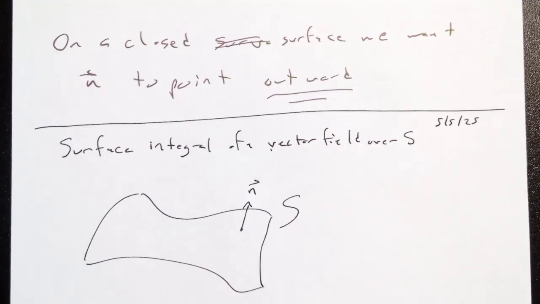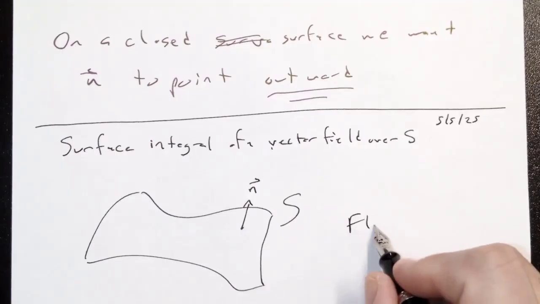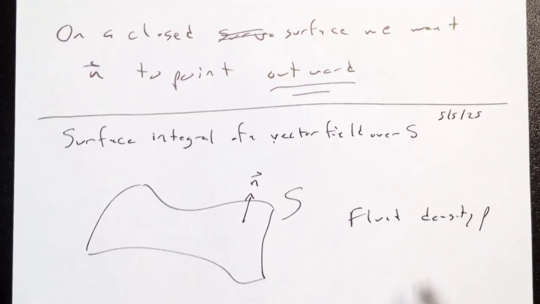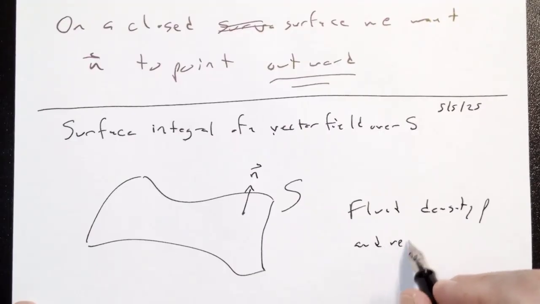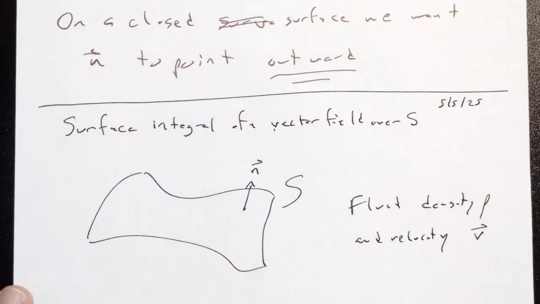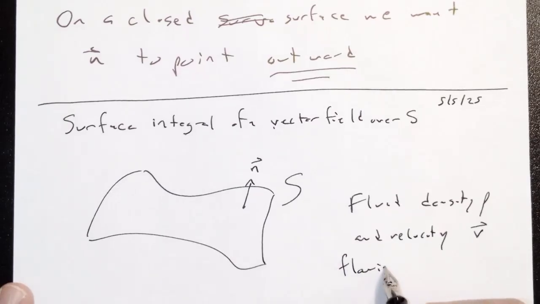So I've got fluid with density rho and velocity v as a vector, flowing through my surface S.